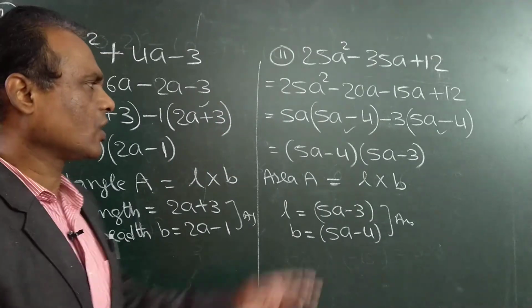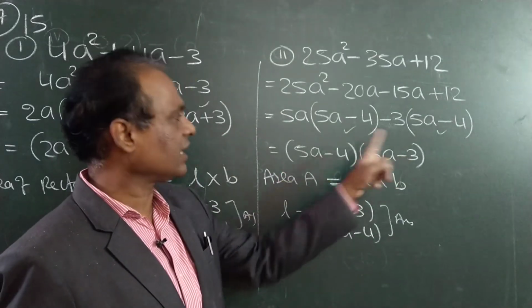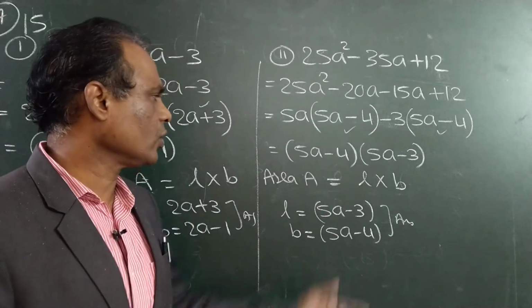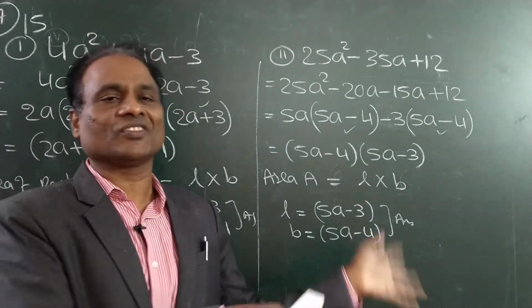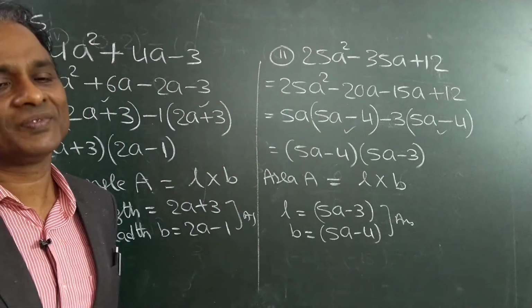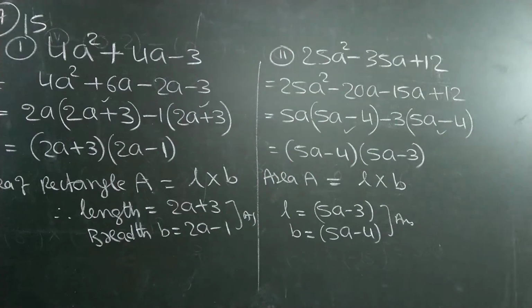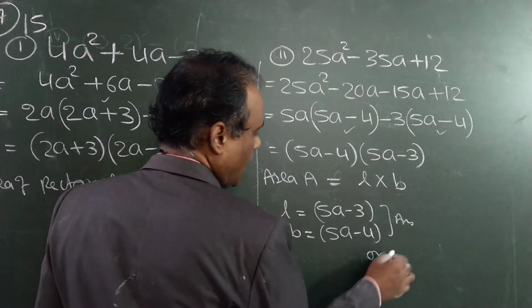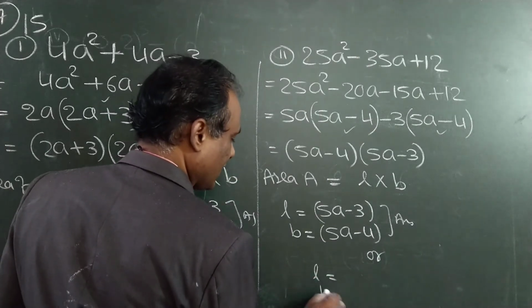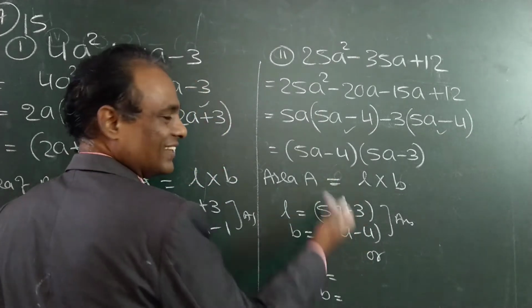You can call this the length and this the breadth, or this the length and this the breadth. No problem. Or you can leave it here: one is length, one is breadth. We don't know which is which, just leave it. Or again, you write this as breadth and this as length.